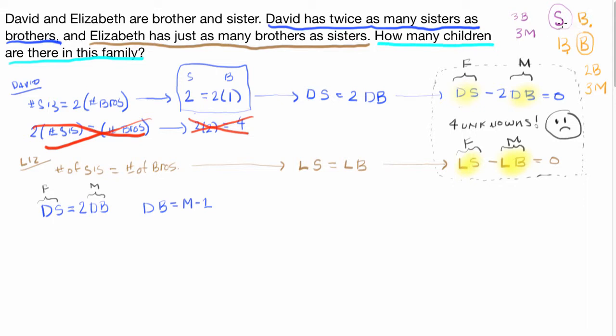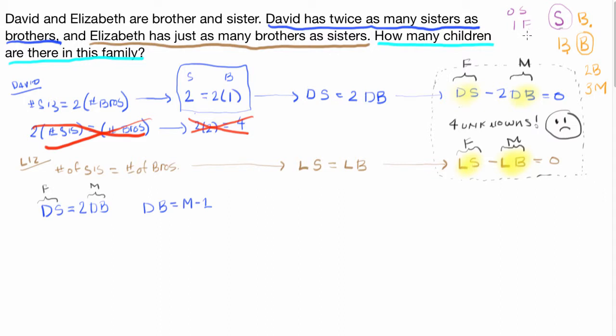Okay, but for the sister, now if we're counting her amongst the sisters, well, remember that she's got 0 sisters and she's got 1 total female.